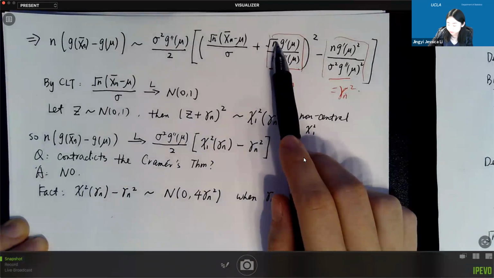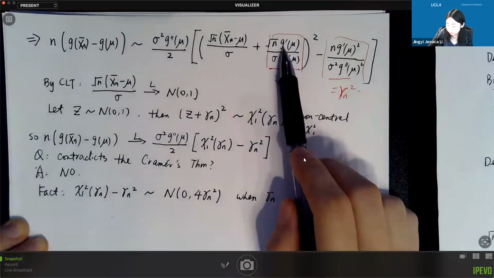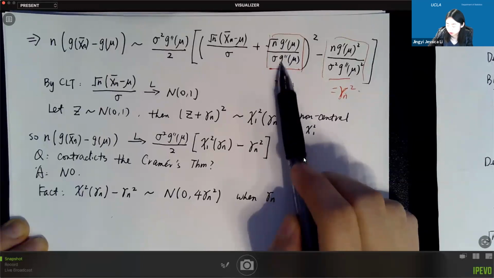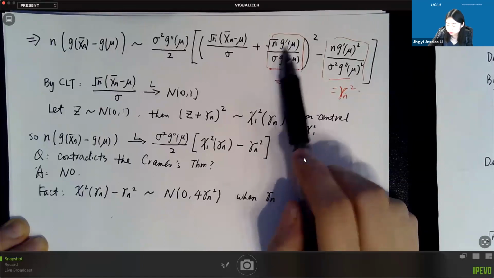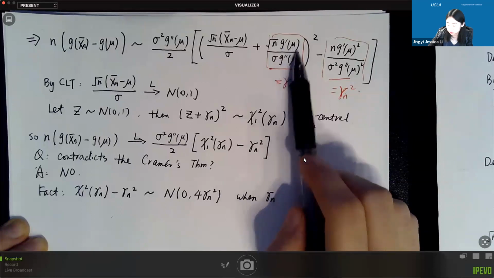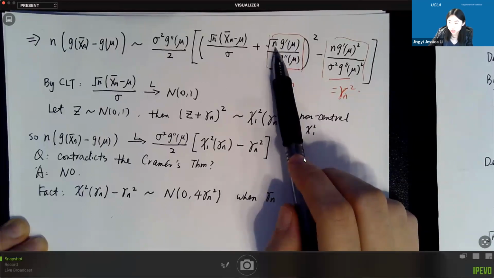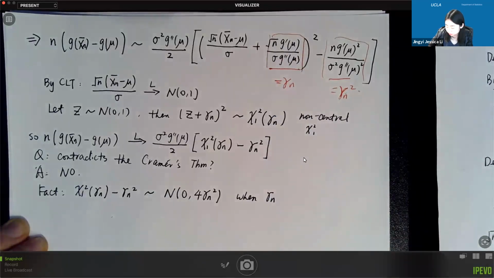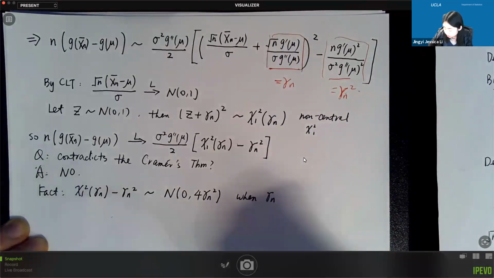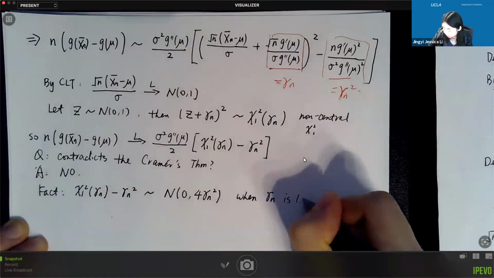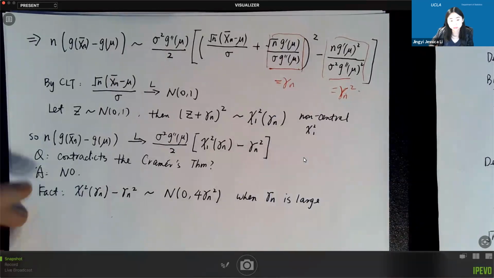So if g prime mu and g double prime mu are fixed, we can safely assume they are unrelated to n. So constant, constant, constant. The only thing changing is root n, and root n is part of gamma n. So you can imagine that gamma n is increasing.